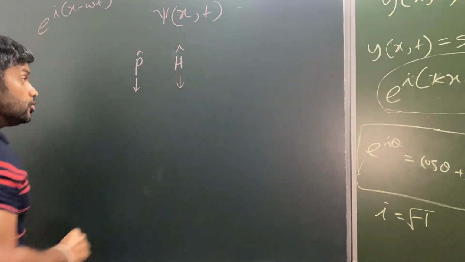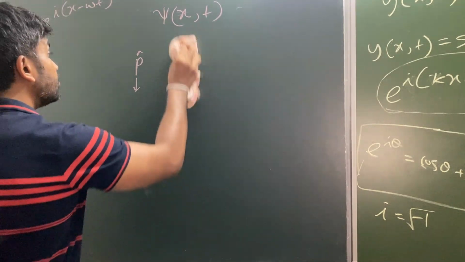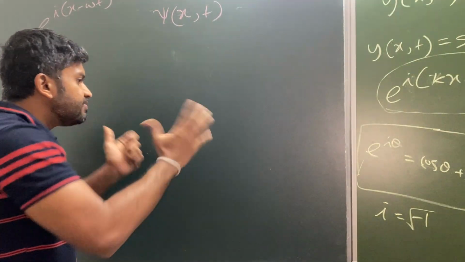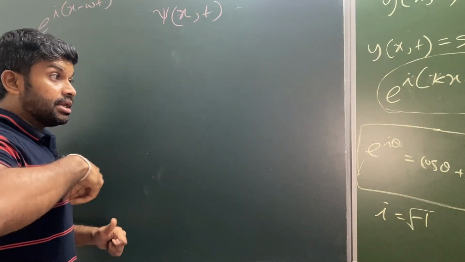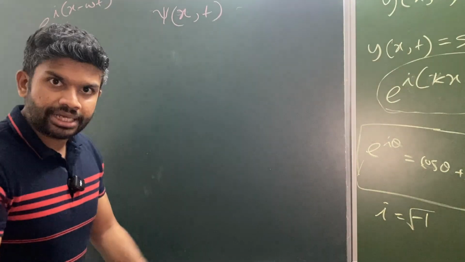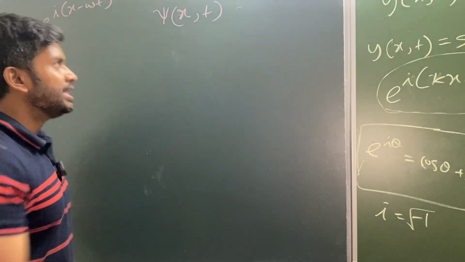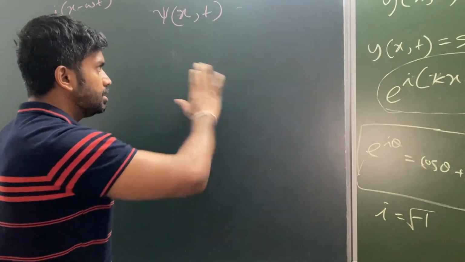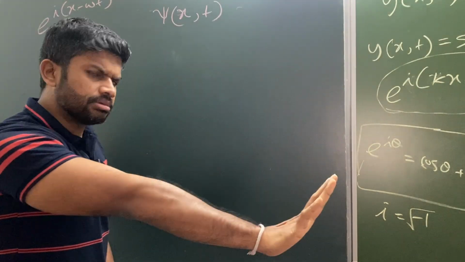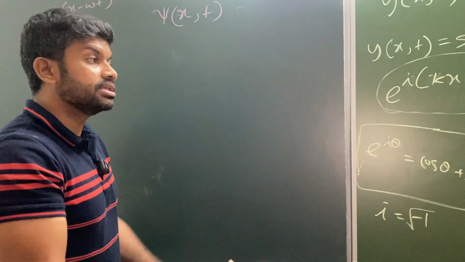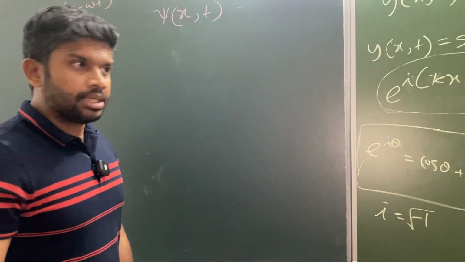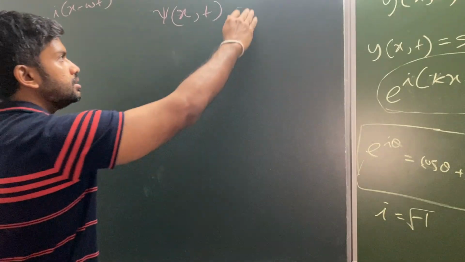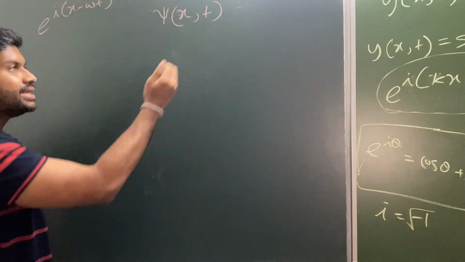Keep in mind that not all functions are eigenfunctions. It is okay not to be an eigenfunction too, right? Imagine you choose a function that is not an eigenfunction of a given operator. It doesn't matter. Not every function is an eigenfunction in quantum mechanics. But there are some selected functions that are simply eigenfunctions of a given operator.